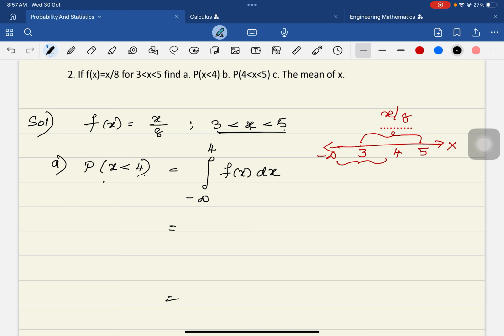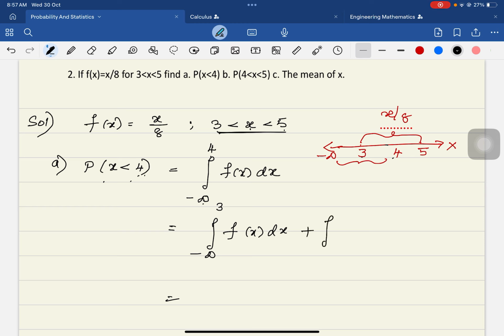What does the integral for x less than 4 mean? It is from minus infinity to 4. So that can be written as minus infinity to 3, f of x dx, plus 3 to 4, f of x dx, because we know the function value only from 3.